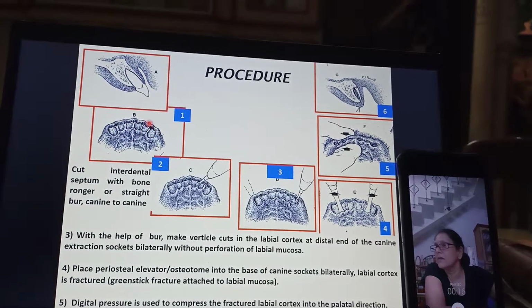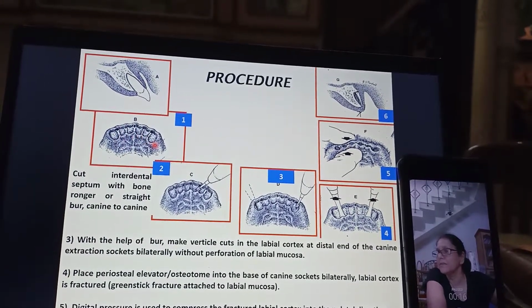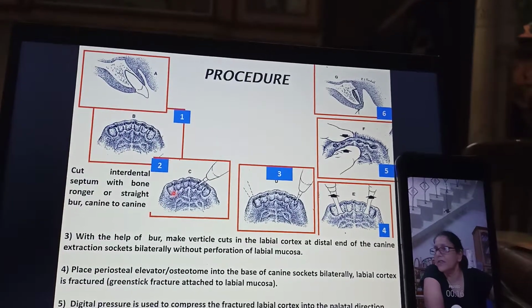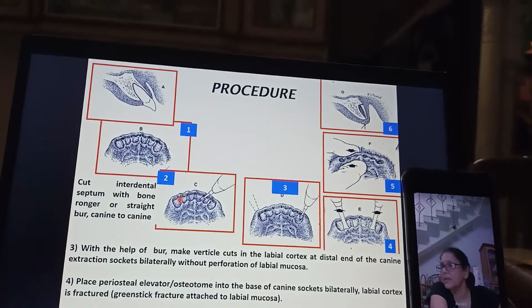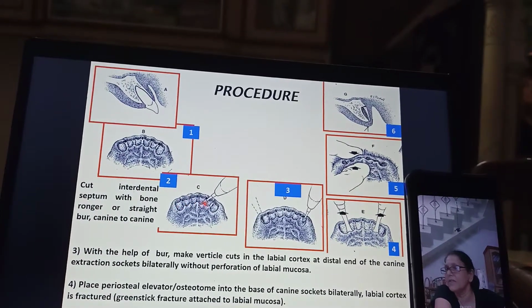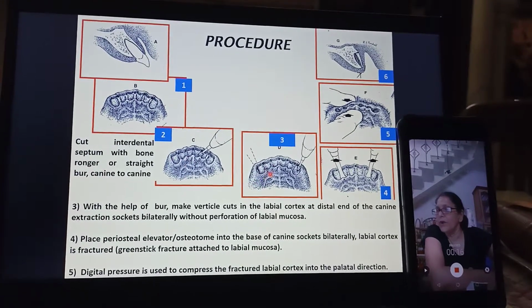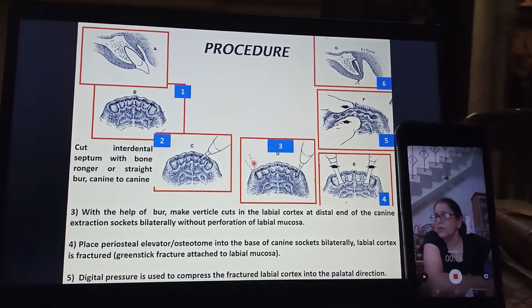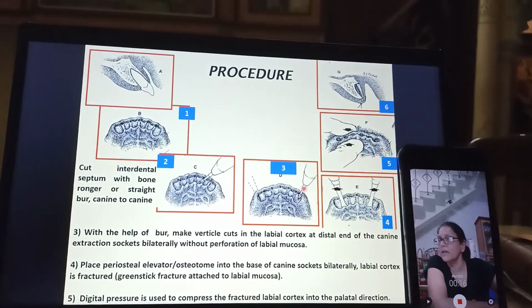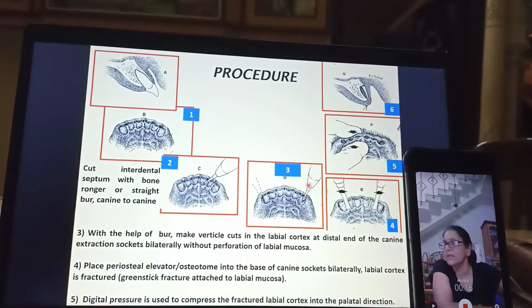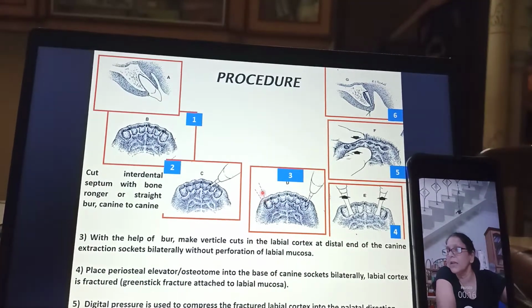This is the buccal plate and that is the palatal region. Next procedure which should be done is to remove the interseptal septae which are in between the teeth. Following which 2 vertical releasing incisions are given in the buccal cortical plate, on both sides, only on the labial aspect.